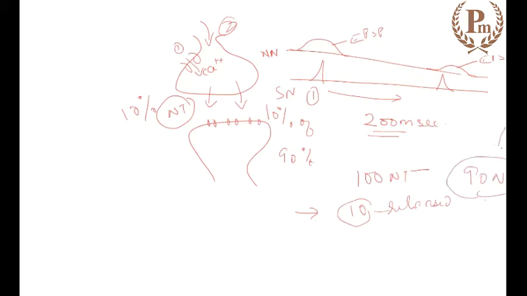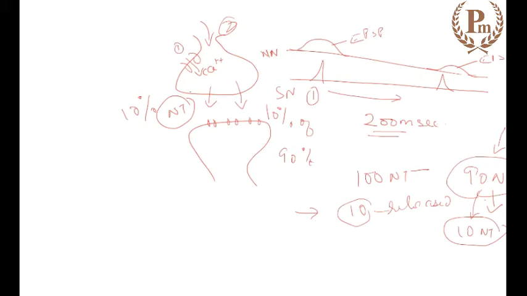When my second impulse came, it also caused about 10 of the neurotransmitters to be released. But this 10 is released from the 90. So what has decreased? It has decreased the availability of neurotransmitters.